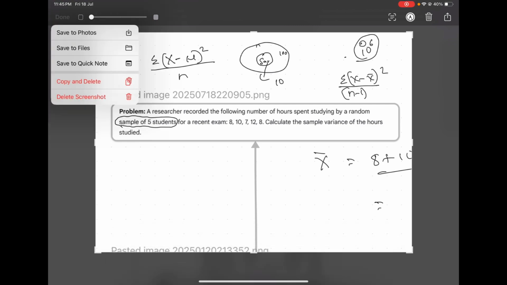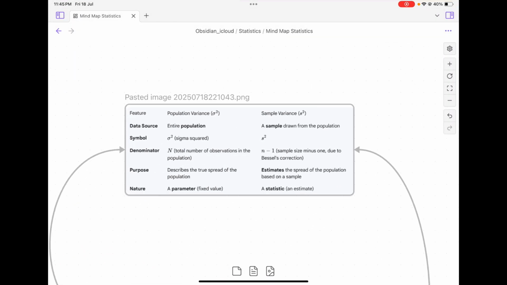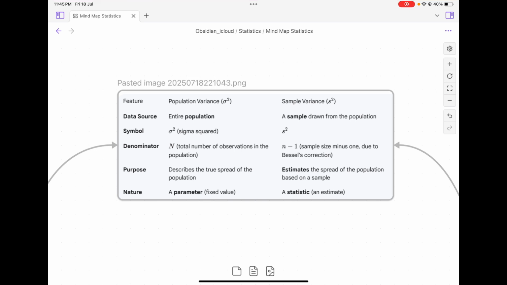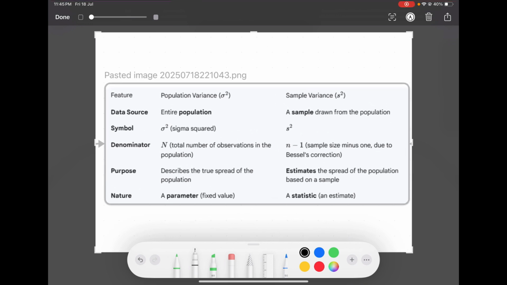Now let us dig deeper. Here comes the population variance and sample variance. This is the notation for it, here it is sigma square. Here the data source is the entire population. Here we are taking a sample drawn from the population, and the symbol is this one.